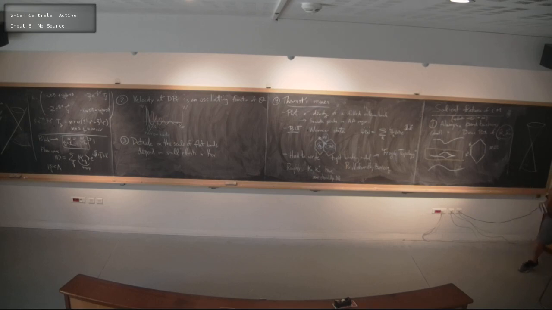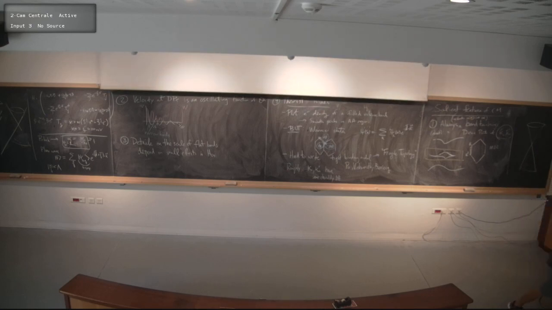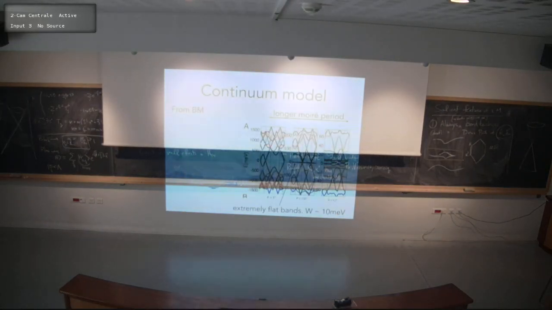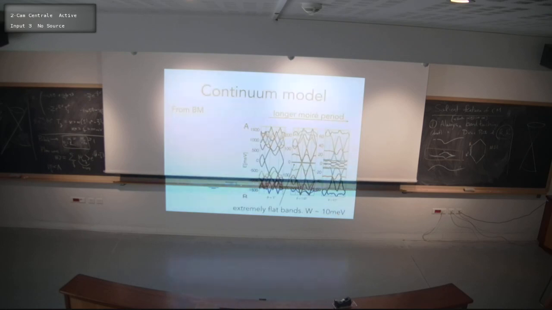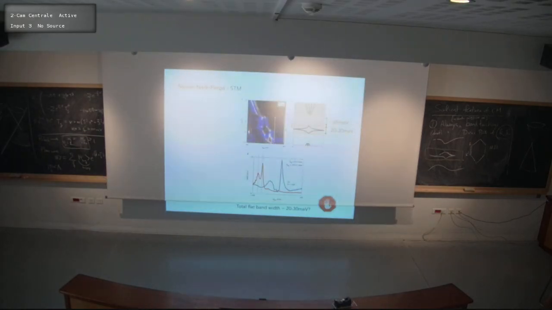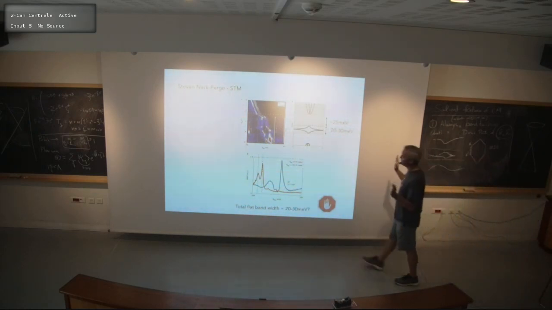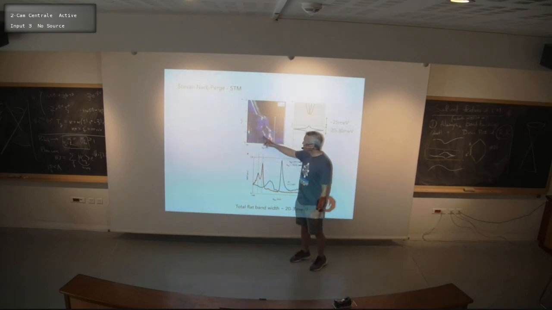I'm going to show you some stuff again. Go back to the screen. Okay, so there's lots of quantitative issues in experiment, as I showed you here, what's going on.